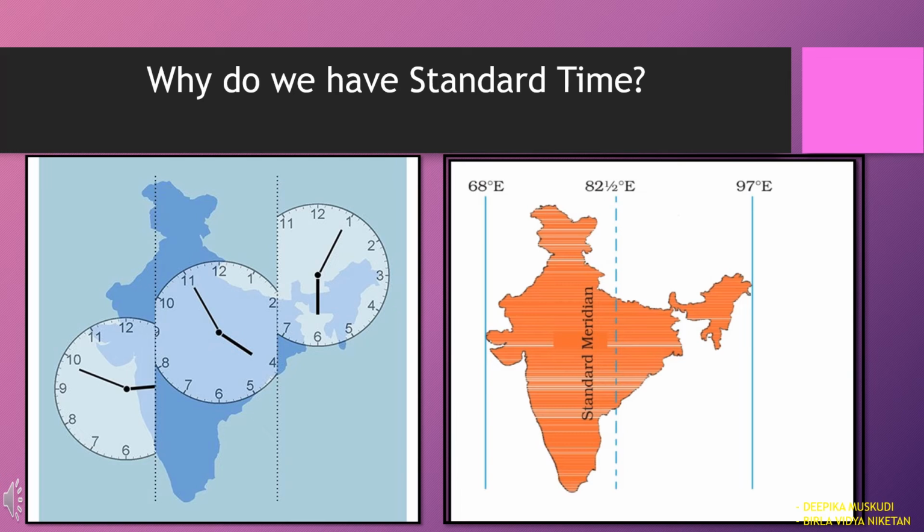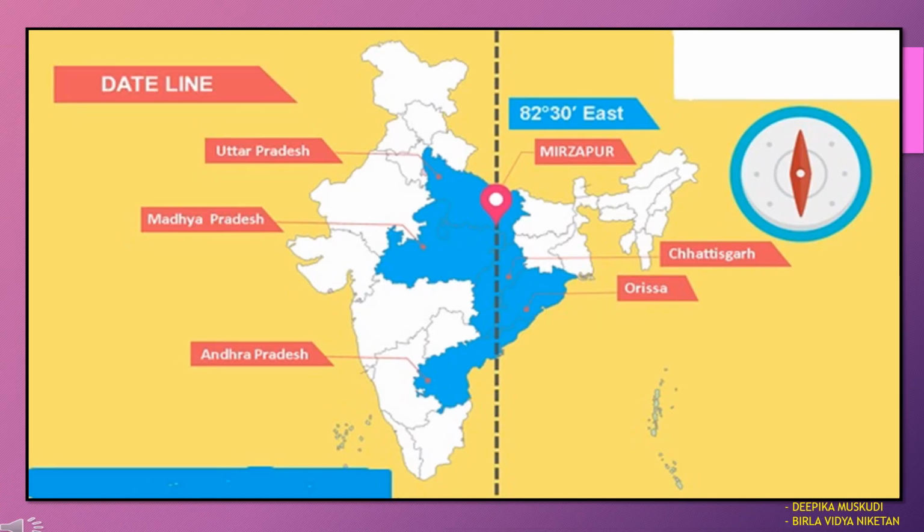In India, the longitude of 82 degrees 30 minutes east is treated as the standard meridian, which passes through Mirzapur in Uttar Pradesh. The local time at this meridian is taken as the standard time for the whole country. It is known as the Indian Standard Time.